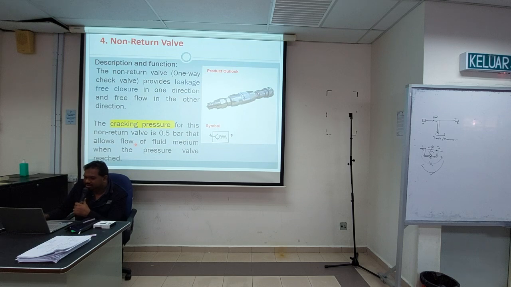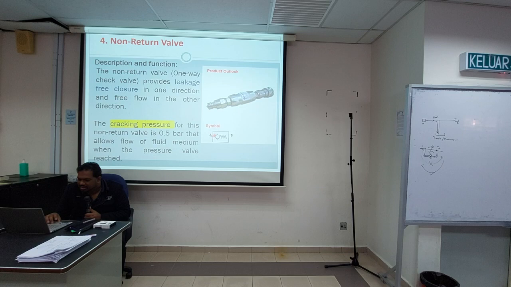Okay, then we have a non-return valve. Okay, non-return valve, check valve. So it only allows flow in one direction. The symbol is like this. So you can see it has two letters, A to B. So one will have a direction, A to B or B to A. Yes, A to B or B to A. So same concept. If from B to A it reaches here, it will be blocked, you cannot go through.